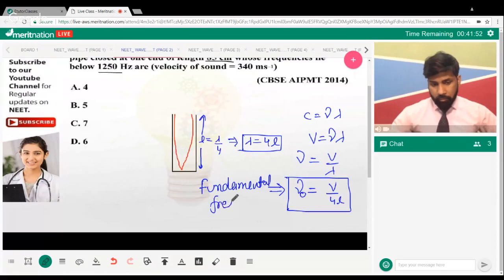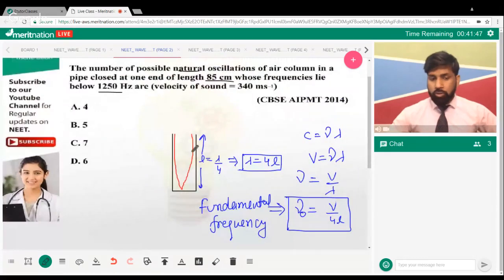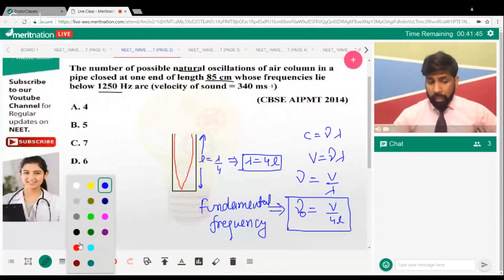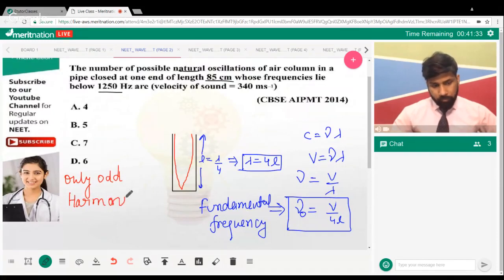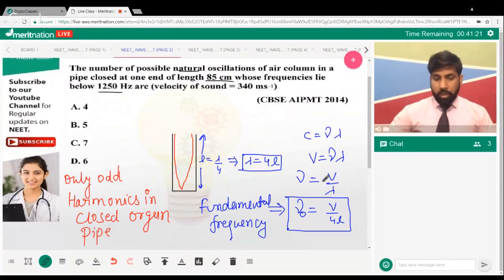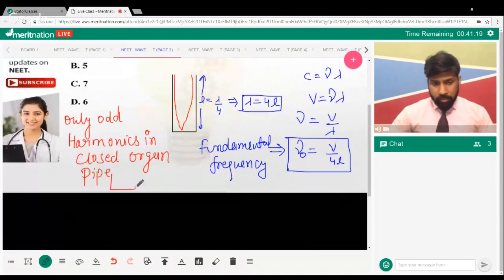You also know that, students, if we talk about the closed organ pipe, beta, a closed organ pipe will get only odd harmonics. So students, odd harmonic means what?